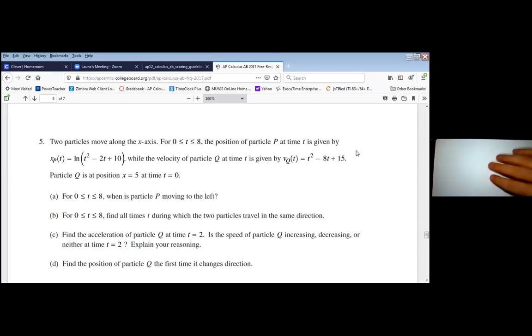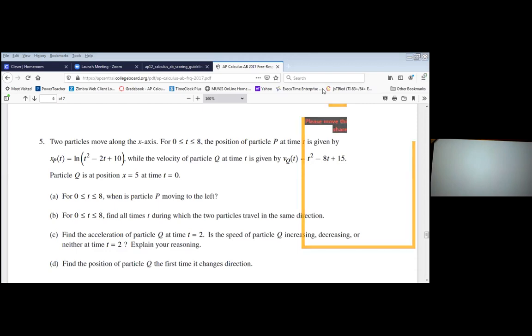So if I was you guys tackling this problem, first thing I would probably do here is make a list. So what do we know? Here's particle P, and here's particle Q. And what do we know?